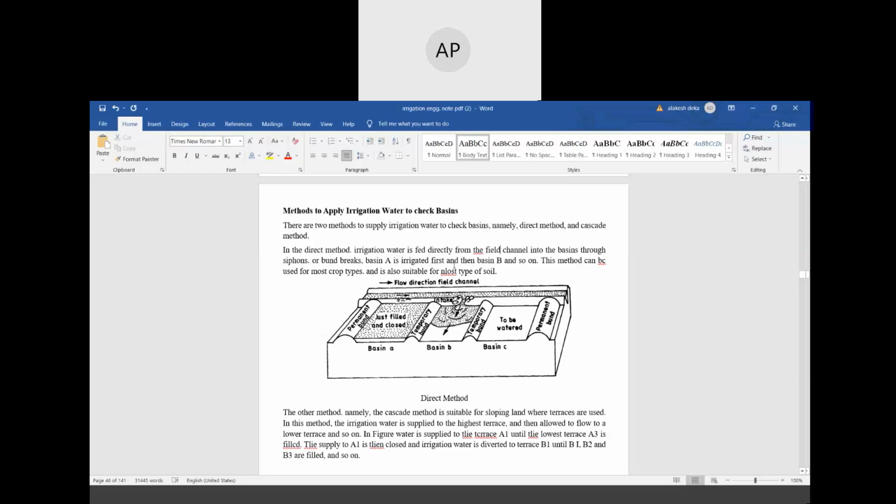Basin A is irrigated first, and after filling basin A, it will fill basin B and then basin C. This method can be used in most types of crops and is also suitable for almost all types of soil.